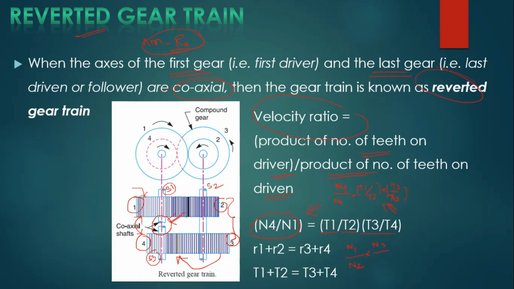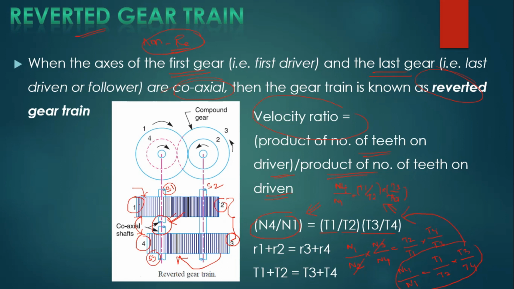Now N3 is meshed with N4, which gives T2 divided by T1 into T4 divided by T3. This is the equation. Since N2 and N3 are at the same speed, they cancel. Now N4 divided by N1 equals T1 by T2 into T3 by T4. This is how we got this relation.